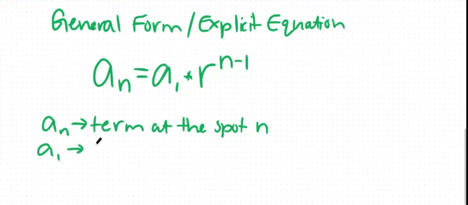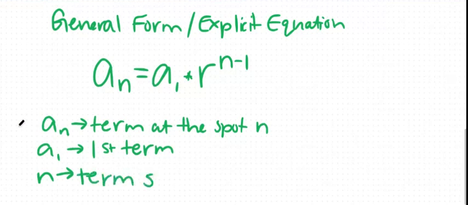A sub 1 means the first term, or the term at spot 1. N means just the spot, the spot we are looking for, the spot we are at, whichever one we're working with.